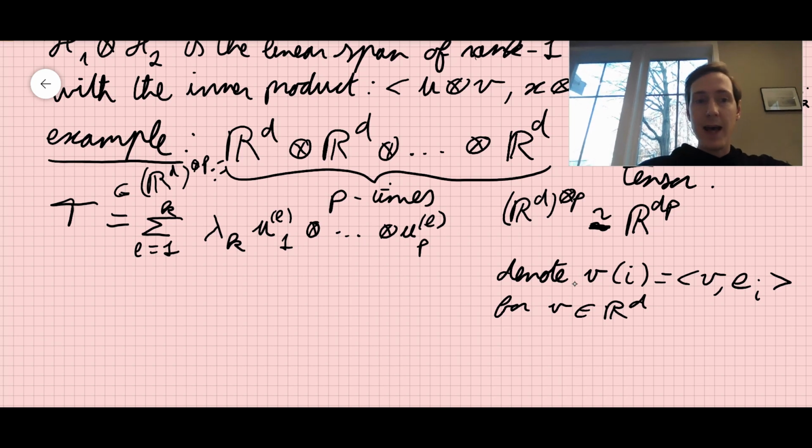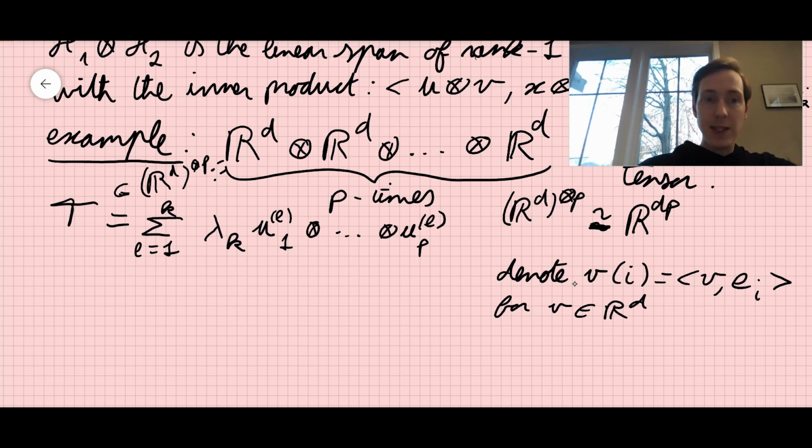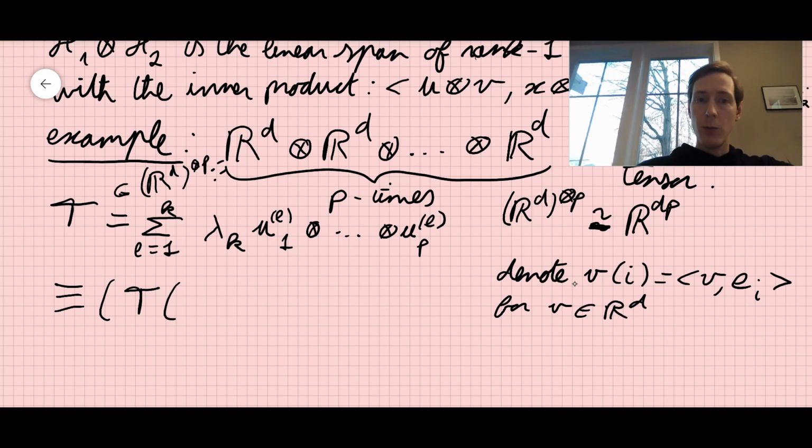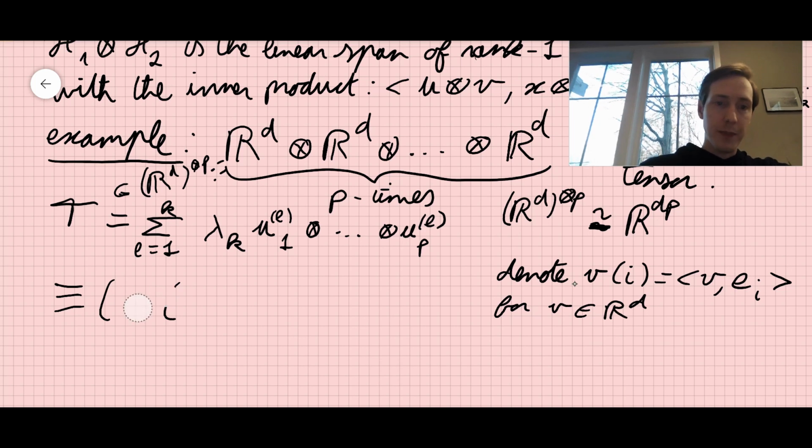So then you can identify T with just the value of T on all the canonical basis vectors. What do I mean?